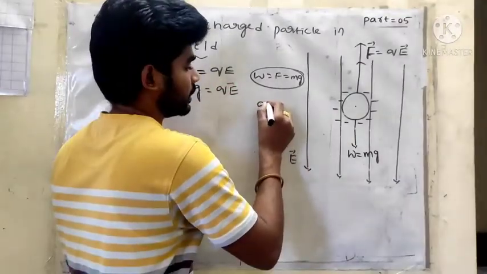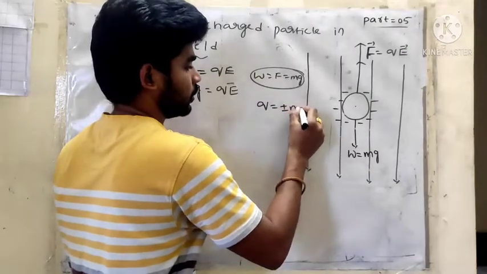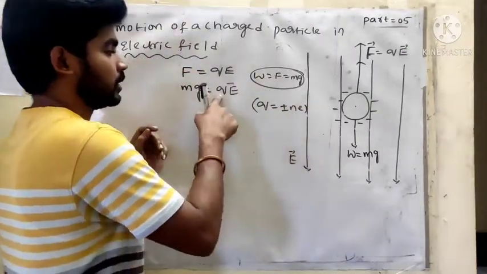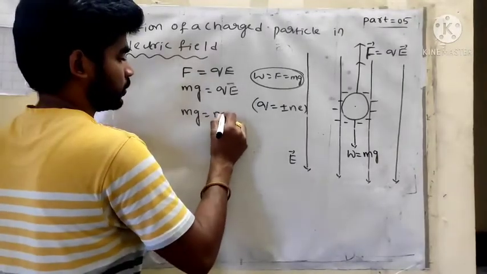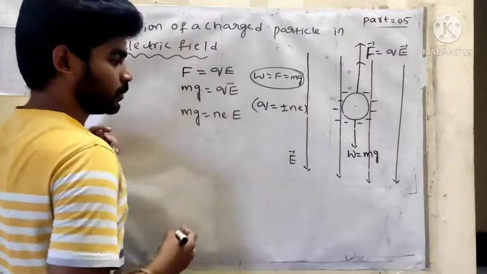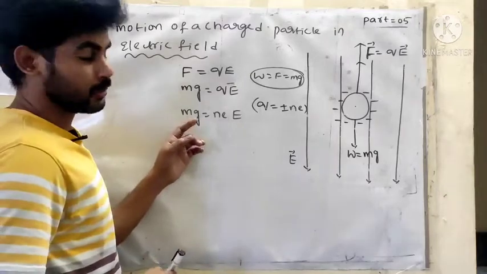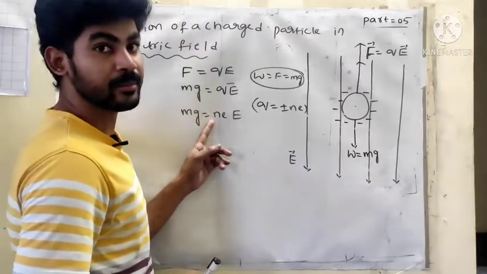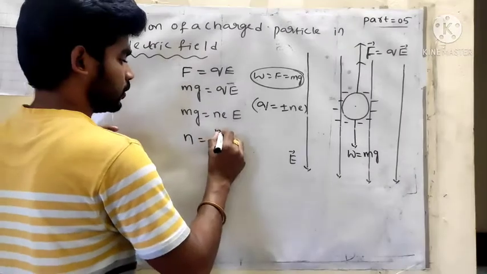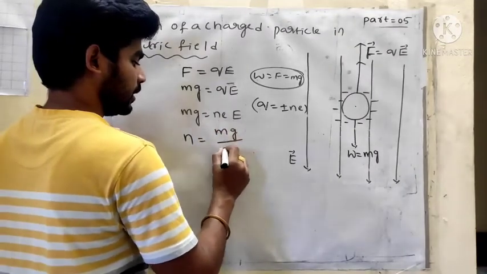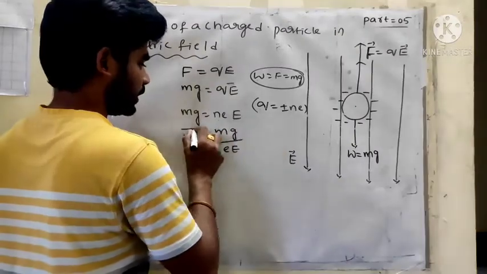We know the quantization formula, q = ±Ne, so we can substitute that: mg = NeE. First you can calculate the number of charges, N = mg/eE.